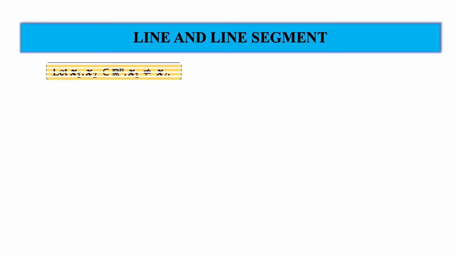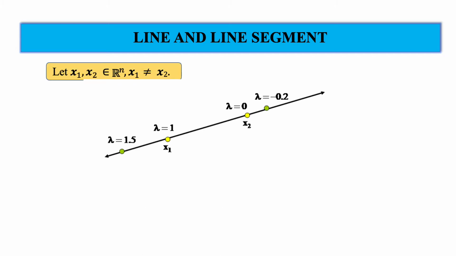On the display you will see a line drawn passing through point x1 and point x2, where x1 is not equal to x2. Now associated with each point on the line is a parameter lambda.